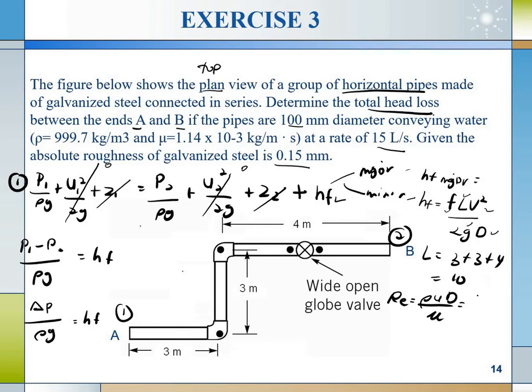Given in the question is rho, U equal to Q over A, right? D over mu. So substitute all the information given. You can have 1.6748 times 10 to the power of 5.